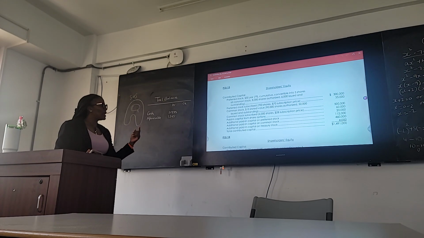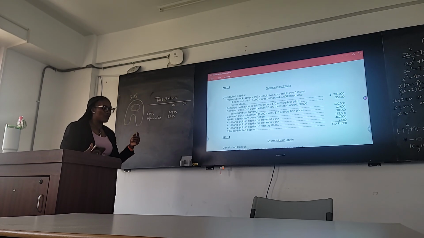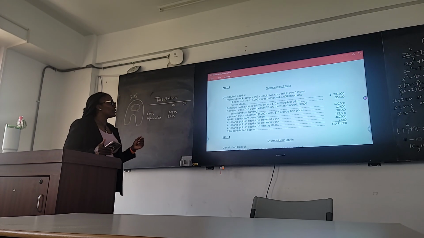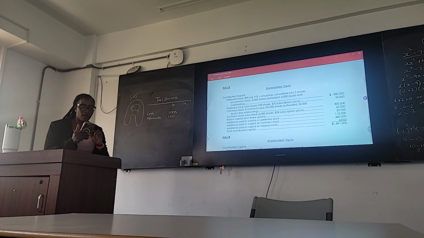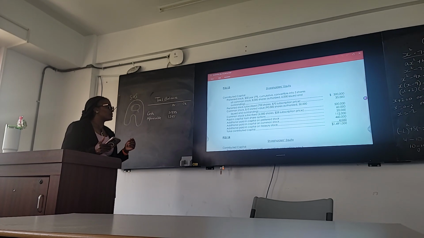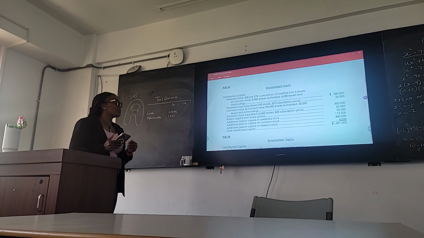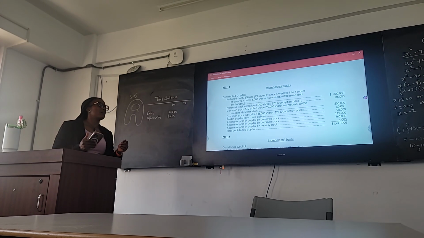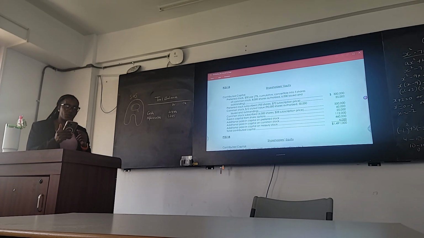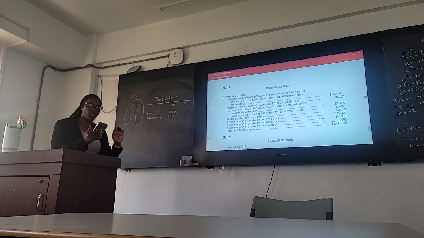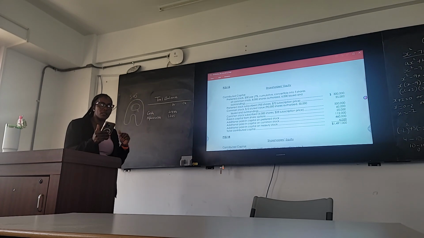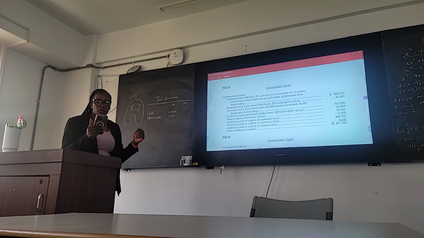We have additional paid-in capital on preferred stock from the table of 112,000, and we also have additional paid-in capital from treasury stock 4,000. Gives us a total contributed capital of 1,491,000.